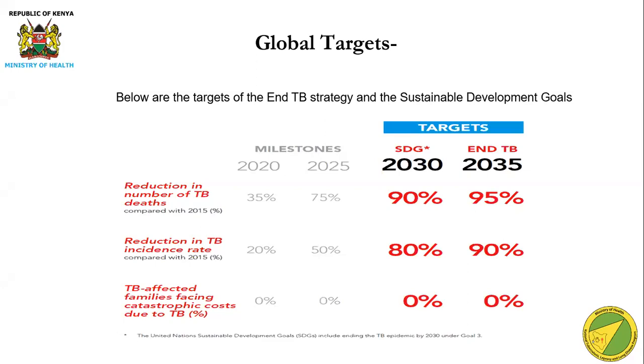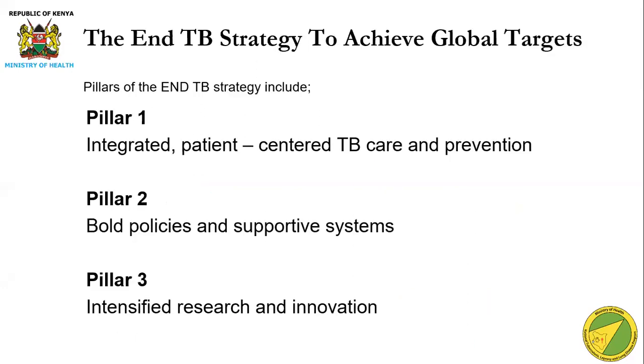Depending on the location of the facility where patients access their treatment, transport costs can be a huge barrier to access to TB care. So the NTP strategy to achieve global targets focuses on three pillars. One is integrated patient-centered TB care and prevention.